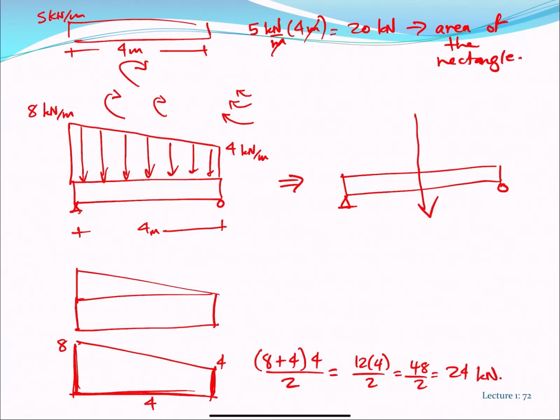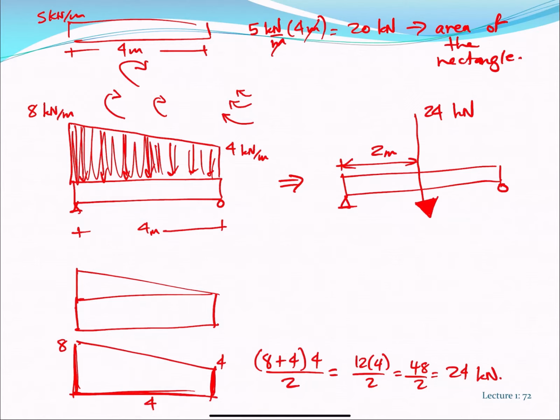Now, the question is, do we place it at 2 meters again, half of the beam? What do you think? Now we have more load on this side, and then progressively we have less and less load as we move to the left. So does it make sense to have this load acting right at the middle?